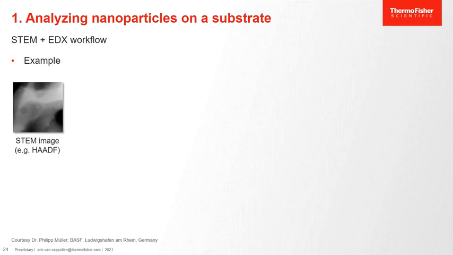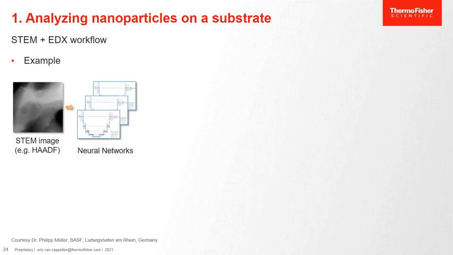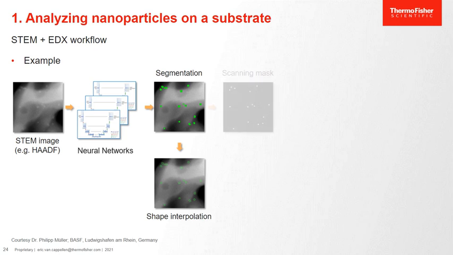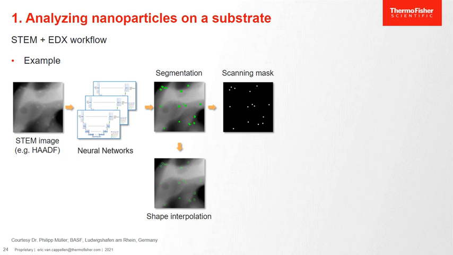Let's look into a little more detail how this works. So again, porous material with nanoparticles, a quick overview image. Launch the neural networks to discover where the nanoparticles are. From there, we can do some shape interpolation, so we get information about the shape of the nanoparticles, and we can also generate a scanning mask.